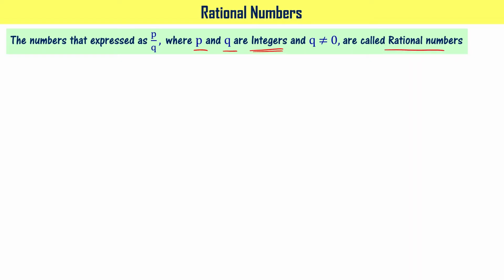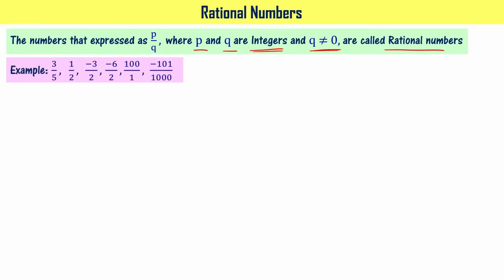Here you have to note that the denominator of the number cannot be 0, right? For example, 3 by 5, 1 by 2, -3 by 2, -6 by 2, 100 by 1, -101 by 1000. All these are rational numbers, right? Because these are ratios of two integers, right?